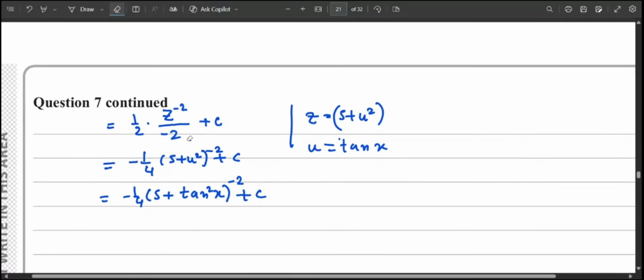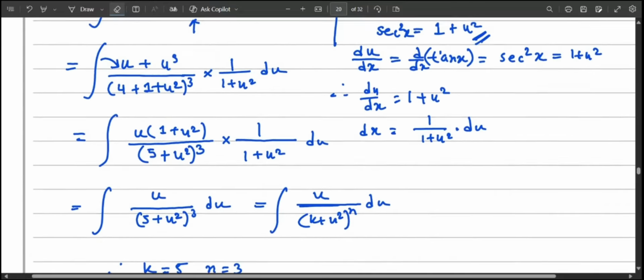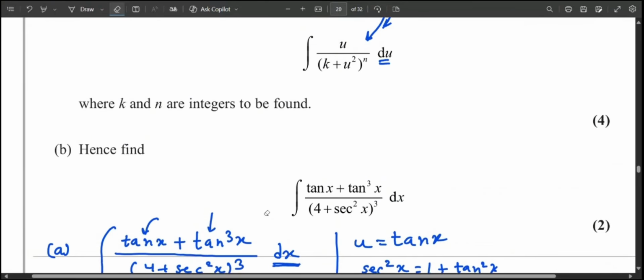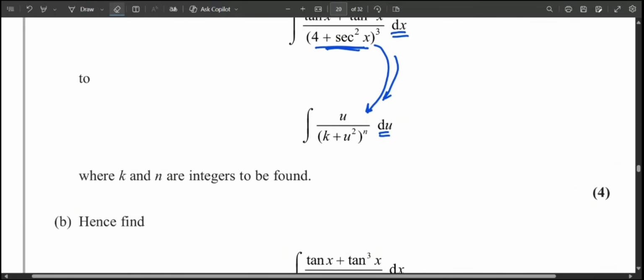From here we can see that we got half into z to the power of minus 2 divided by minus 2 as our expression for the answer of integration, and then we substituted the value of z into our expression. And we also know that u itself is a substitution for 10x, so we again substituted 10x in place of u. Ultimately we have this expression for the integration of our original function. So this concludes our question number 7.